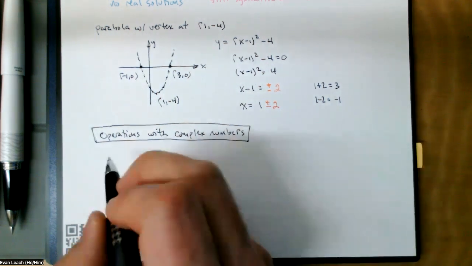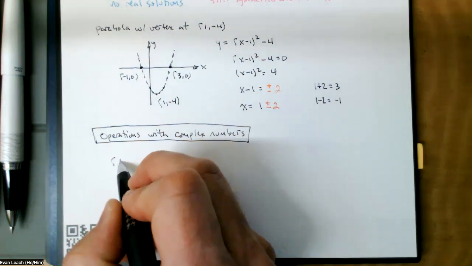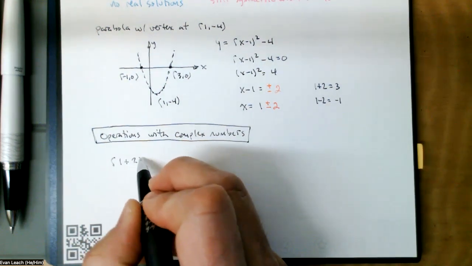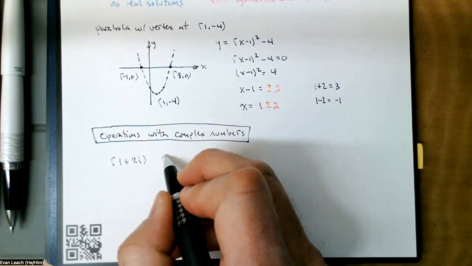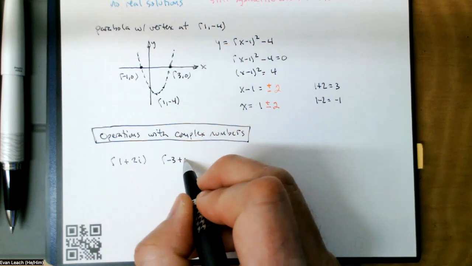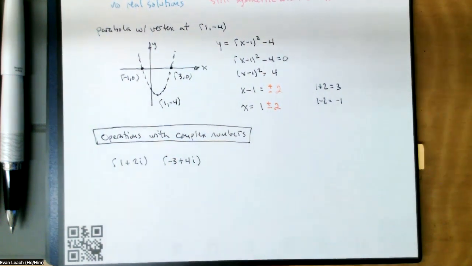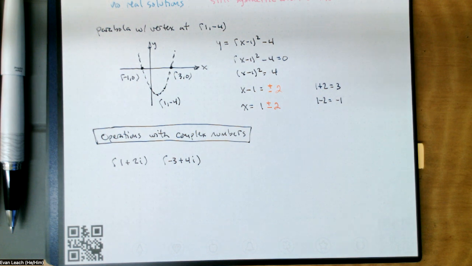Let's grab this one, 1 plus 2i. And let's make another complex number, -3 plus 4i. A complex number has a real and an imaginary part. So here are two complex numbers. They both have real parts and imaginary parts. And let's suppose that we wanted to add these together.